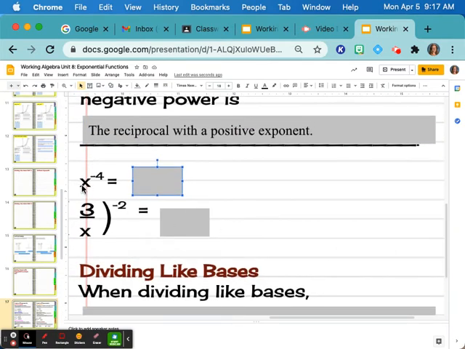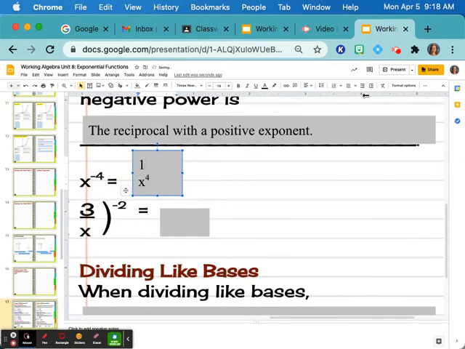So if I have x to the negative 4, I flip it. So the x actually goes on the bottom. So it'll be 1 over x to the positive 4. I could write it like that.